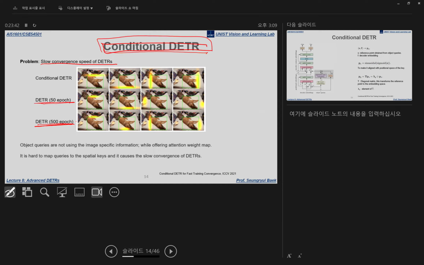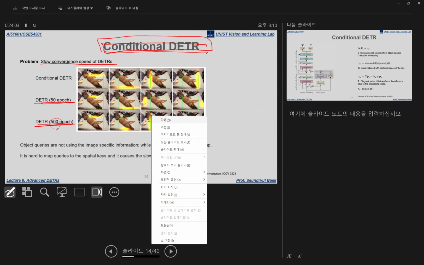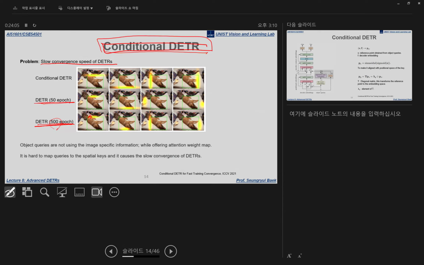Okay, when trained with 500 epochs, DETR becomes able to estimate the 4 extrema of the bounding box. So these yellow signals are capturing the DETR's outputs, the extrema of the bounding boxes.